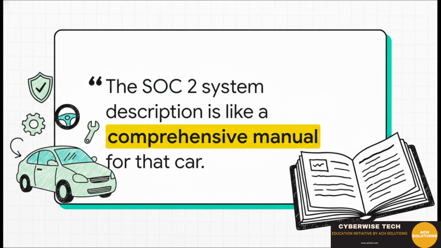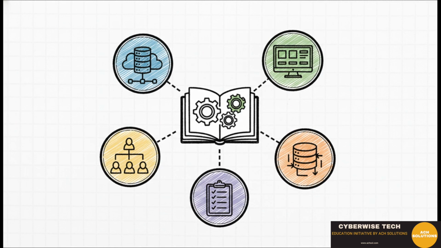The whole point is to give you total confidence before you get behind the wheel. So what's actually in this manual? Well, it covers 5 key areas. You've got the infrastructure, all the hardware and servers; the software, the apps and tools they use; the people, who does what, who's responsible for security; the data, what kind of data they're handling and where it goes; and finally, the procedures, the rule book, the policies that everyone has to follow.